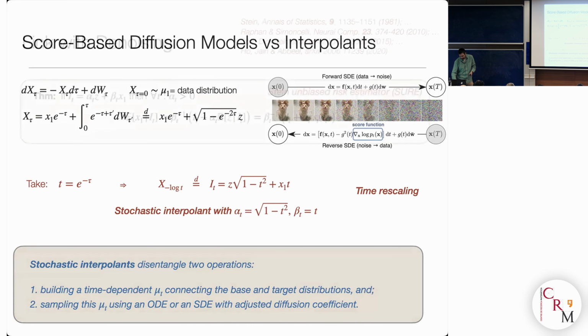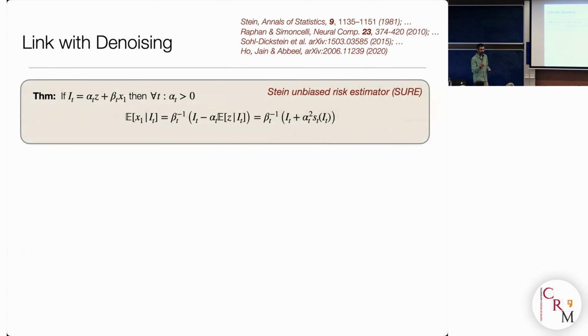But before I do that, and very briefly, I will also make a link with maybe another method that is well known, which is called denoising. So if you think about the interpolant as being a noisy observation of the data that has been corrupted because you have added noise to it, okay?